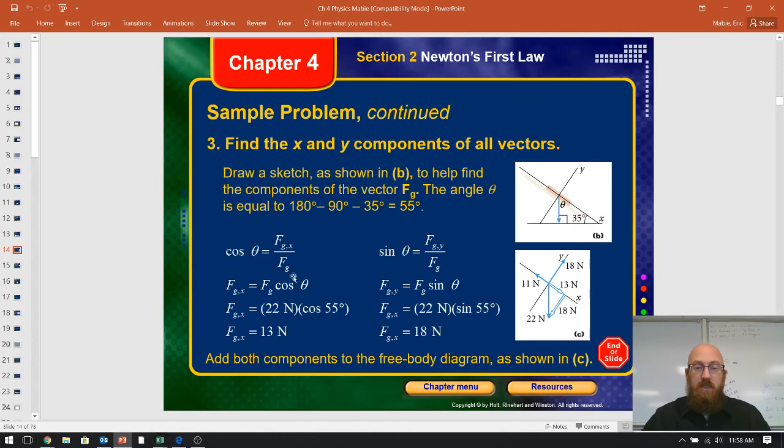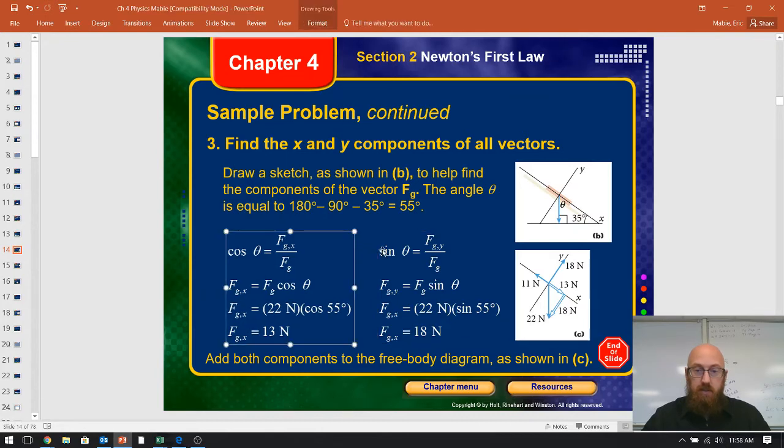This is a use of your cosine and sine again. Force due to gravity in the x is Fg times cosine of theta. Force of gravity in the y is Fg times sine of theta. These two equations are the biggest part. If you can do this over and over again, you should be good to go.